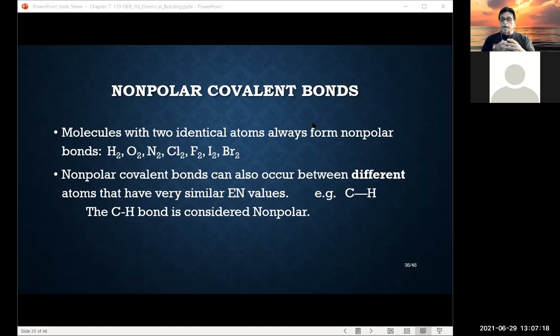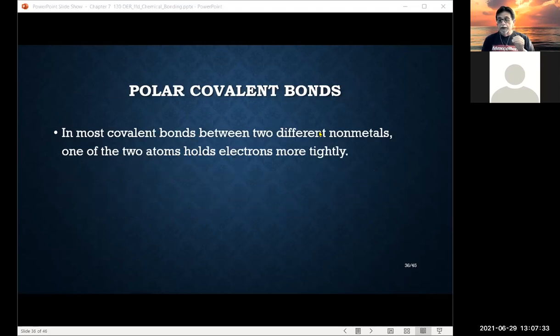This results in a partial negative area and a partial positive area, not a full-fledged charge, but a partial one. And that is a polar bond.